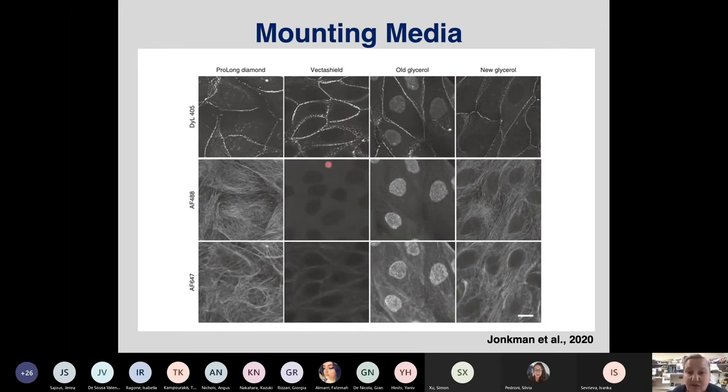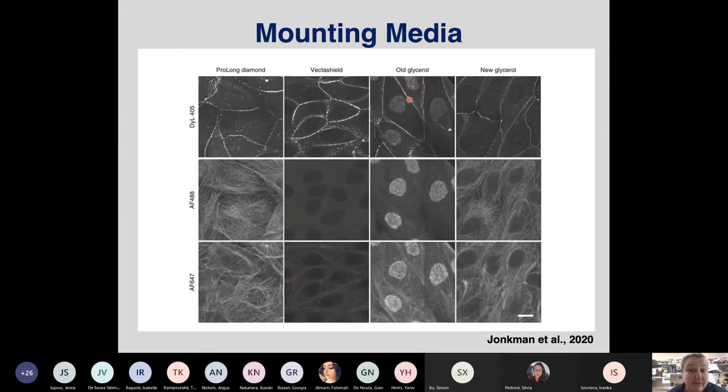Vectashield is a commercial mounting medium that you can buy in a pot. ProLong Diamond is also something that you can buy in a pot. Now, ProLong Diamond looks pretty all right. Vectashield is obviously not something where I would either buy the pot or I would buy shares in the company.